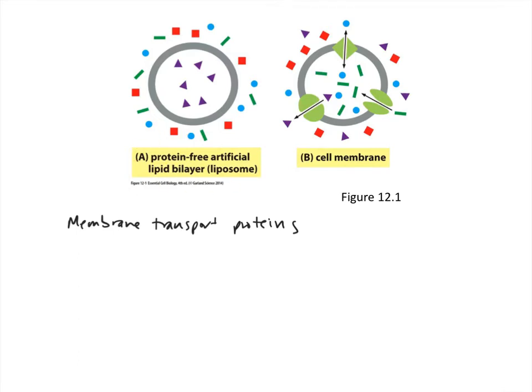We could compare and contrast a liposome, which in this case is protein-free, versus a cell membrane. And you can see from this picture that due to the membrane transport proteins, solutes can move in and out of the cell, whereas for this protein-free liposome, nothing is moving in and out.